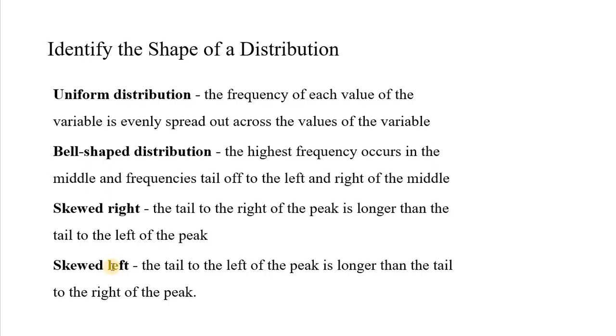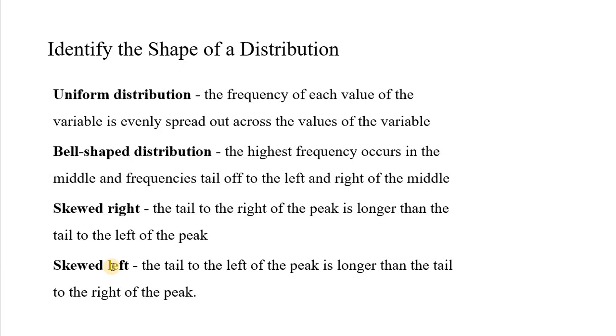Why do we discuss the graphs and the representation, the histogram of the data, or the stem and leaf, or the dot plot? These graphs and representations, visualizations, help us identify the shape of a distribution. For example, in a uniform distribution, the frequency of each of the values of the variable is evenly spread out across the values of the variable.